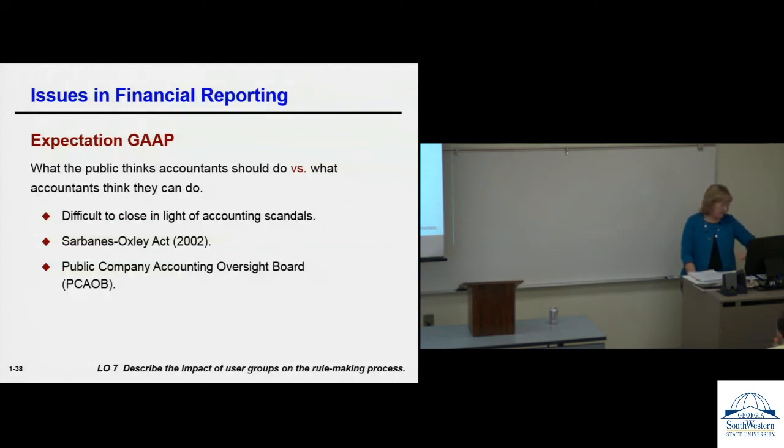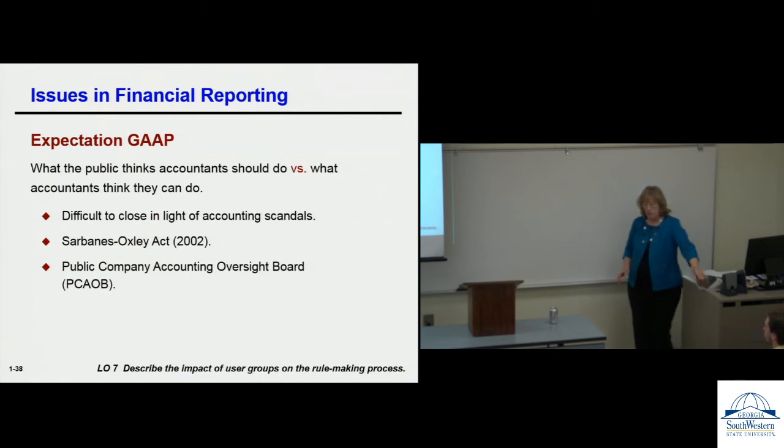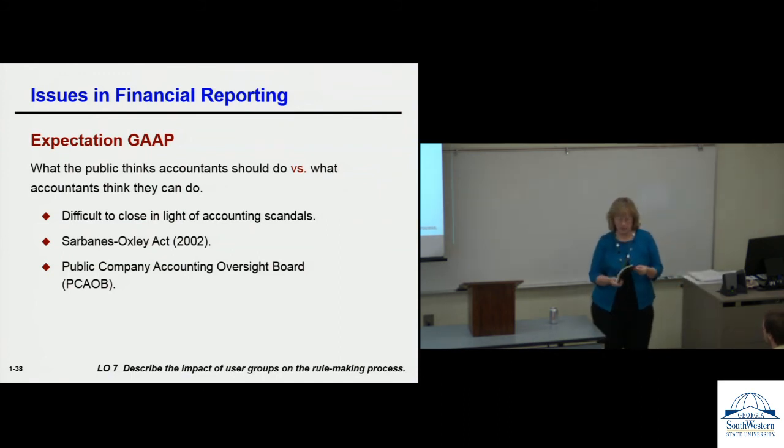Now the expectation gap is, what are people's expectations on reading page 29 in here, where the accounting firm said it presents fairly? What do you think investors think about that it presents fairly?